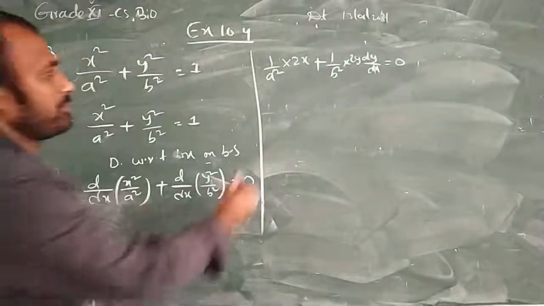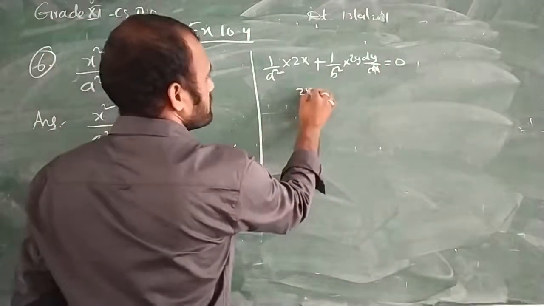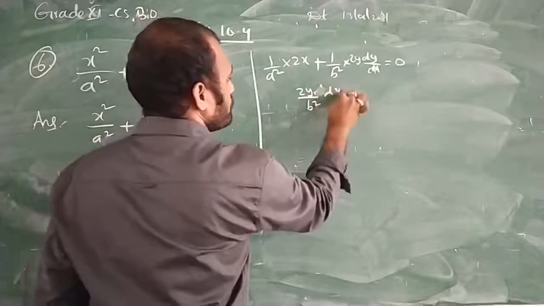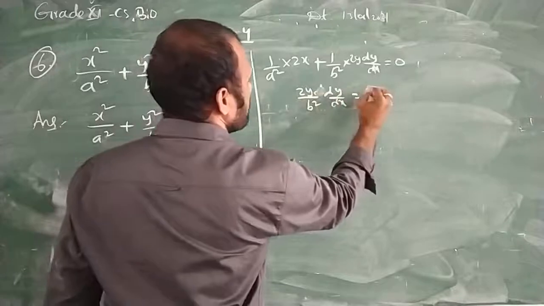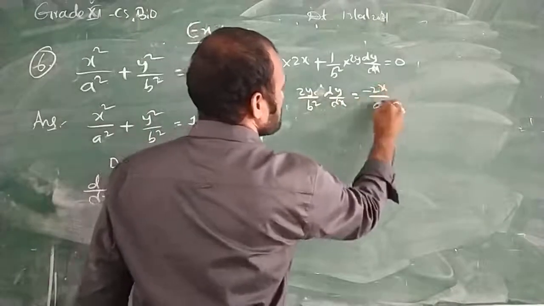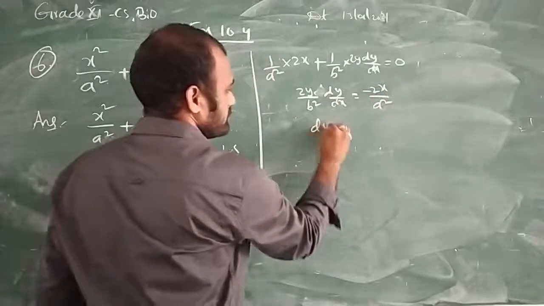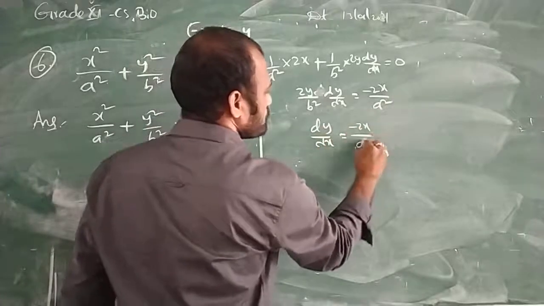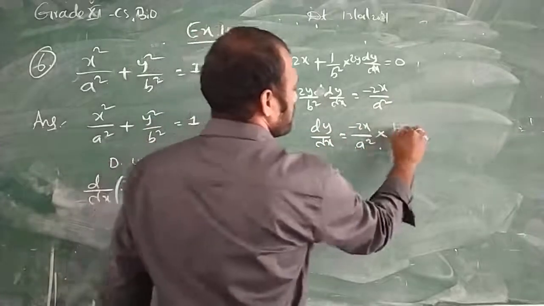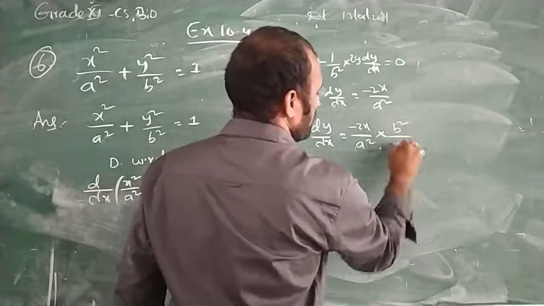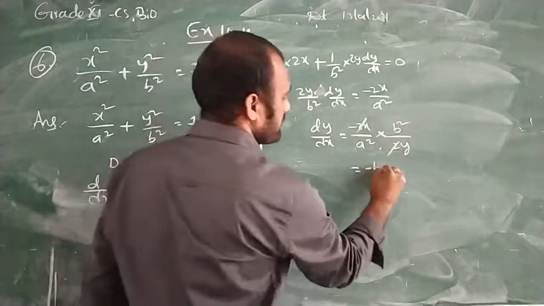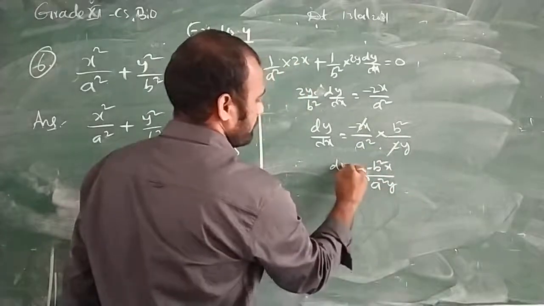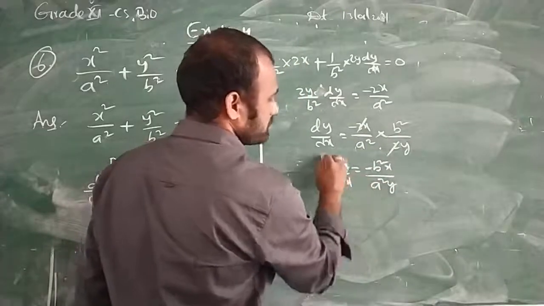So the equation is 2y by b square into dy by dx is equal to minus 2x by a square. So dy by dx is equal to minus 2x by a square into b square by 2y. 2 gets cancelled, minus b square x by a square y. That is dy by dx. So this is the derivative.